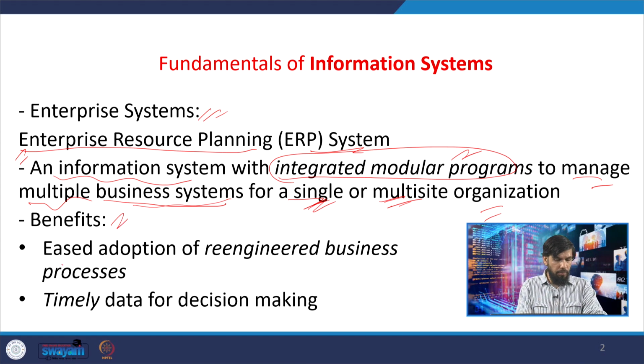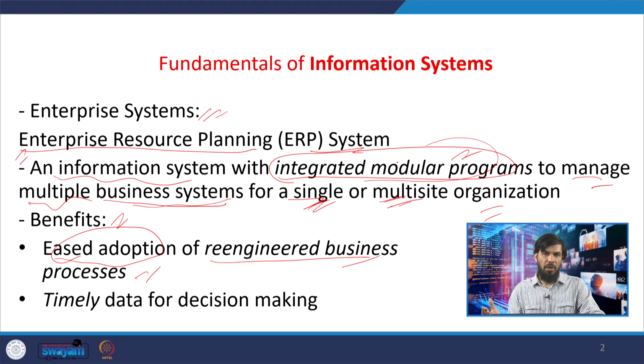One important benefit is eased adoption of re-engineered business processes, because ERP systems conceive the integrated modular approach. That means they integrate different business systems, different business functions. So, whatever business process re-engineering might have happened for the ERP adoption can be achieved in one go.